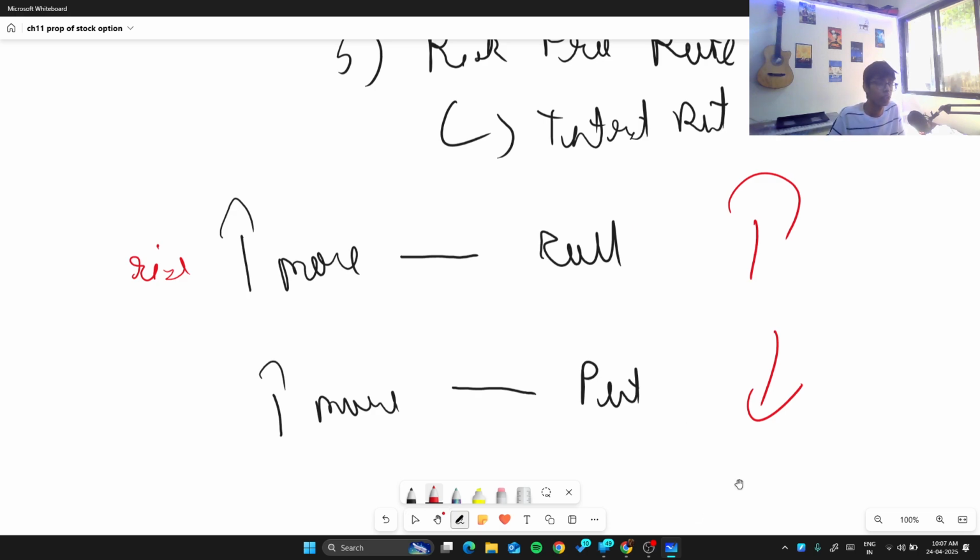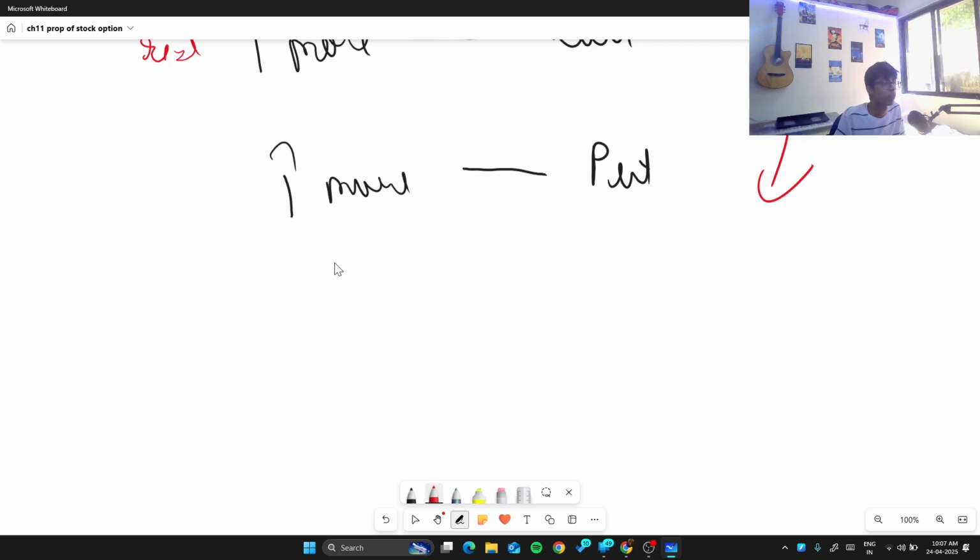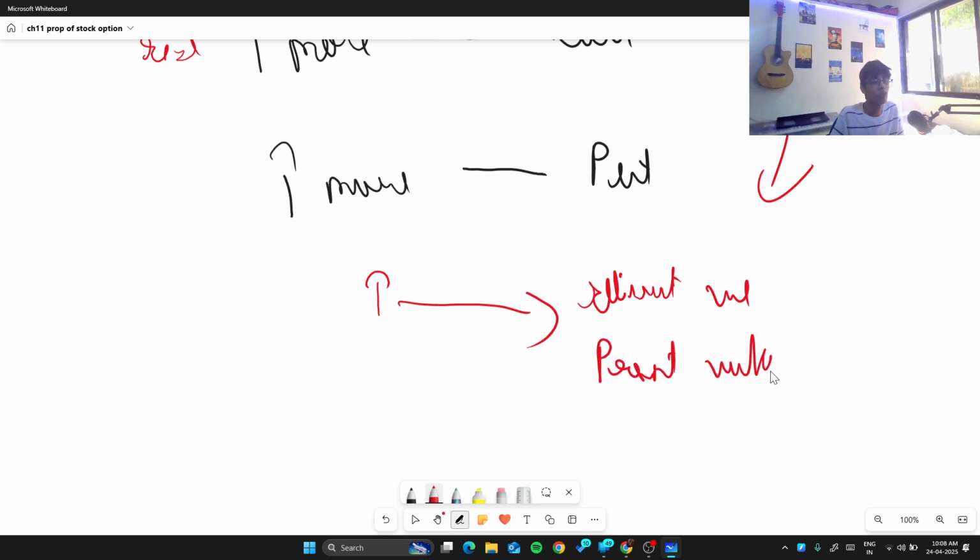Okay. The thing is, when the interest rate increases, the discounting we do, or the present value of all future cash flow, decreases, right?